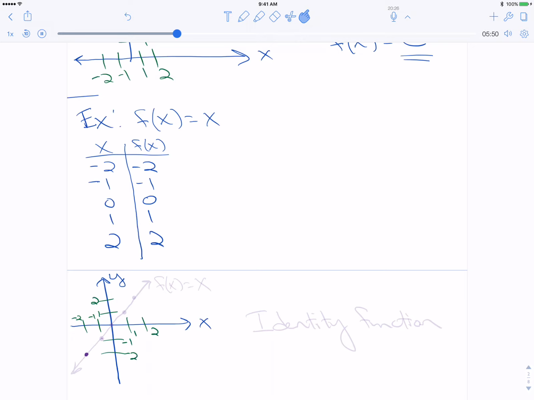It's being silly, I need dots. Dot, dot. 1, 1. 2, 2. And then if I go back to the line in order to connect these guys, then I have y equals x. Or, in this case, f of x equals x.